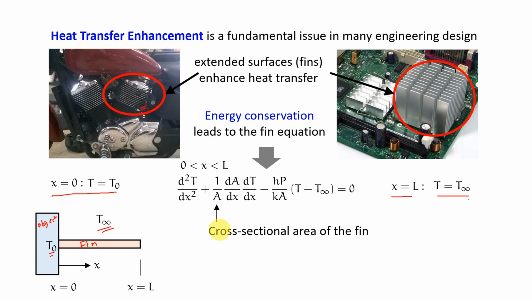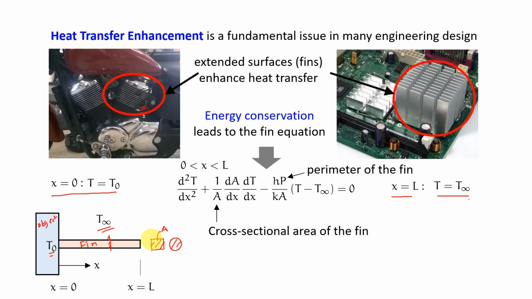Here, of course, this A is the cross-sectional area of the fin at a certain x. So if I cut the fin, let's say over here, and look at the fin, its cross-section might look like this or might look like this. Whatever it is, the cross-sectional area of the fin is A, which in general could be a function of x, and P is the perimeter of the fin.